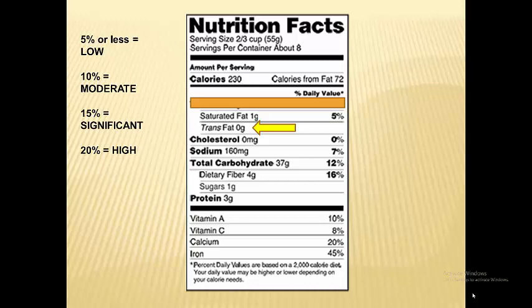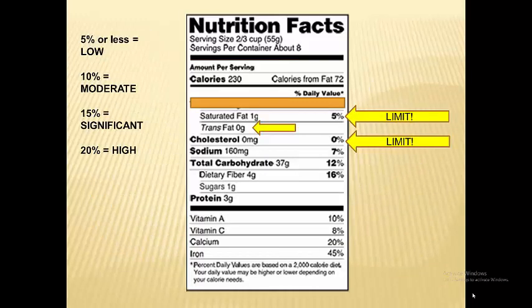So by looking at one perspective, we trade it for the value of the alternate perspective. So you learned 5% or less is low. We want low saturated fat and we want low cholesterol.